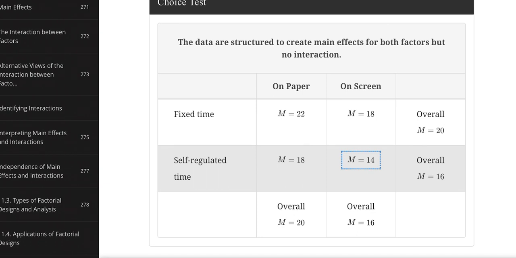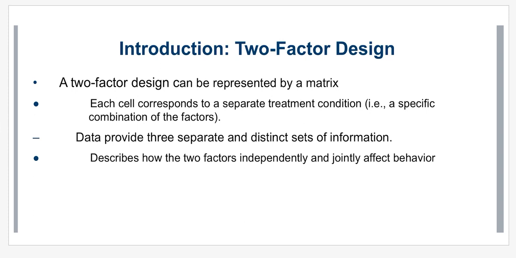And so the data in a two-factor design provides three separate and distinct sets of information, which is describing how the two factors affect the dependent variable independently, how they affect the behavior independently.